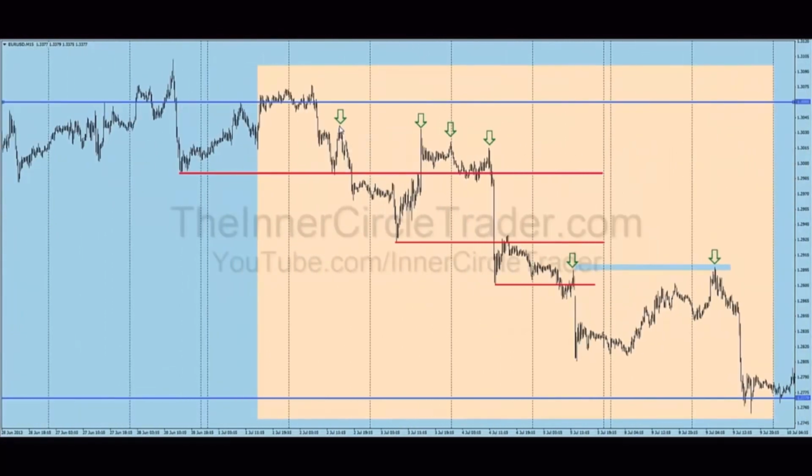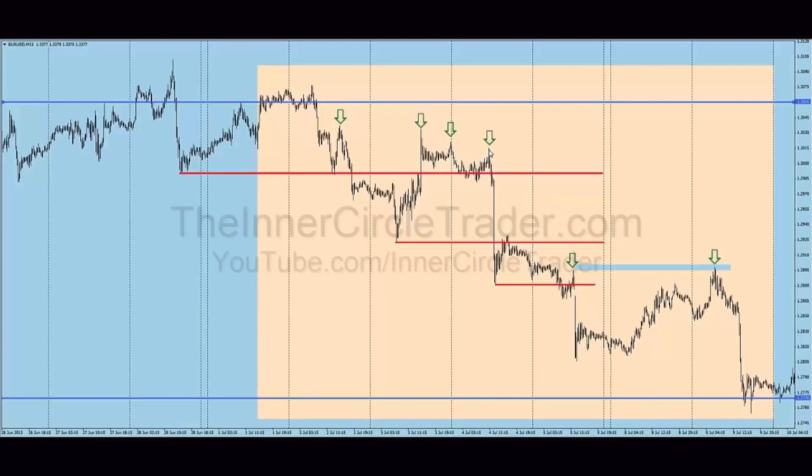This high here takes place at 1500 GMT. This high here takes place at 1500 GMT. This high here is essentially 2330 GMT.